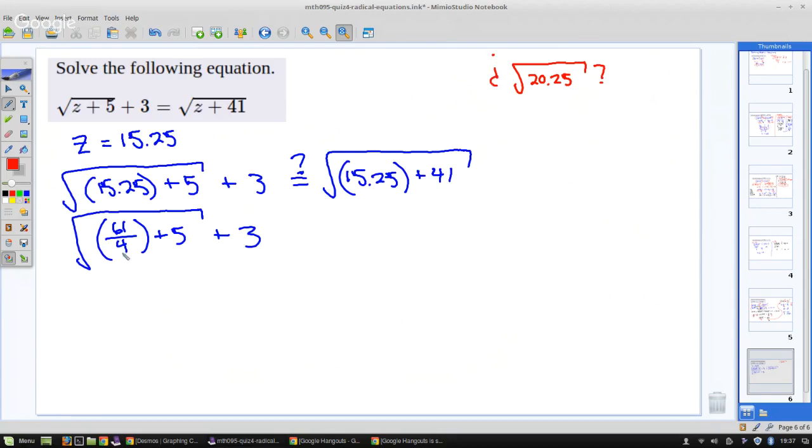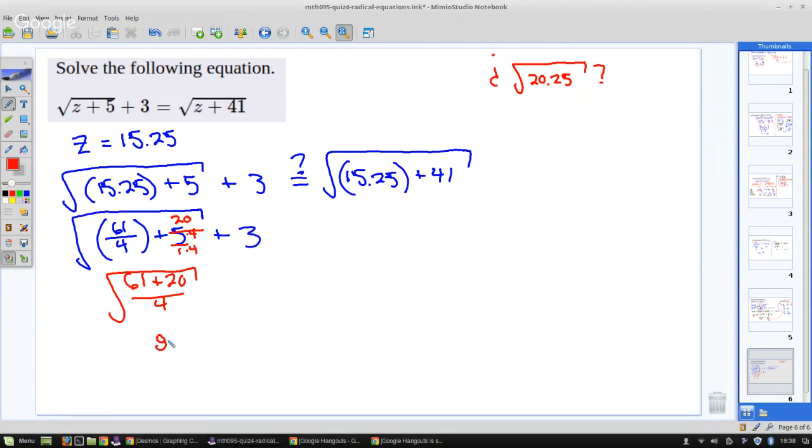All right, but here, I know the square root of 4, so if I can just get at that, call that 5 over 1. We need a common denominator of 4. 5 times 4 is 20. So I have 20 fourths plus 61 fourths, and that's inside the root.